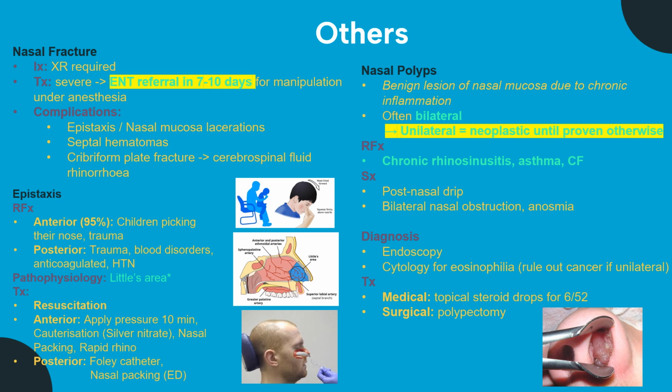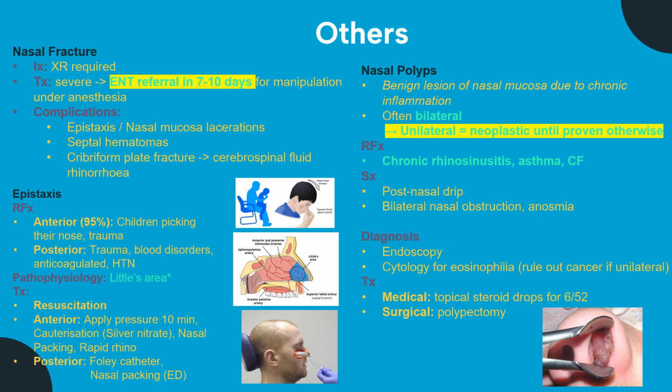So nasal polyps, as mentioned earlier, are due to chronic inflammation, so things like hay fever, sinusitis that's left for too long can cause this. Most commonly bilateral. If they're unilateral, then that's actually neoplastic until proven otherwise. So you really need to investigate that pretty much ASAP and do an early referral to ENT.